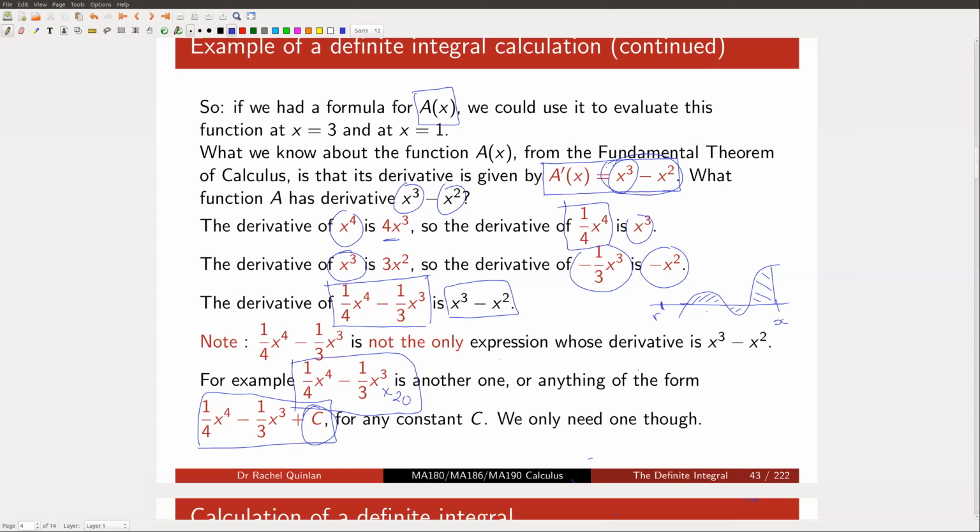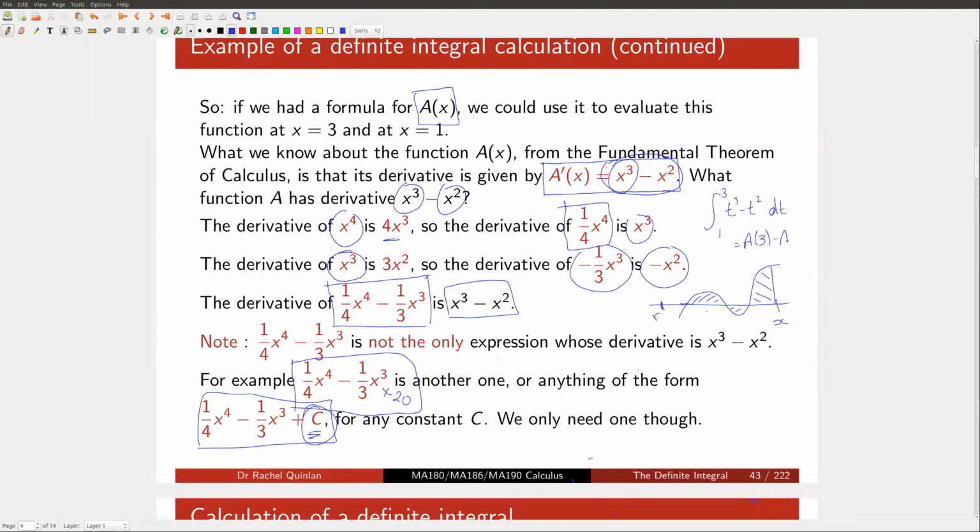So if we were to insist on a particular value, that value would determine some constant that would be included in this expression. But the point is, what we need to calculate is the integral from 1 to 3 of t cubed minus t squared.